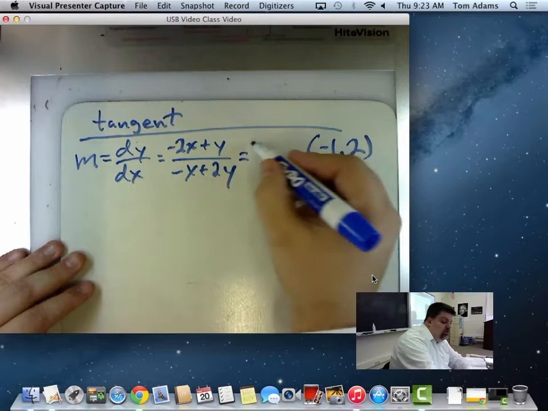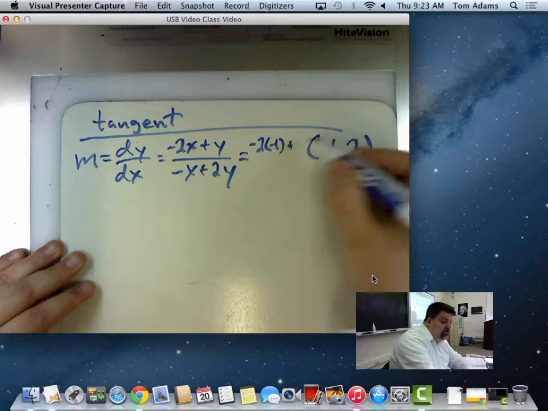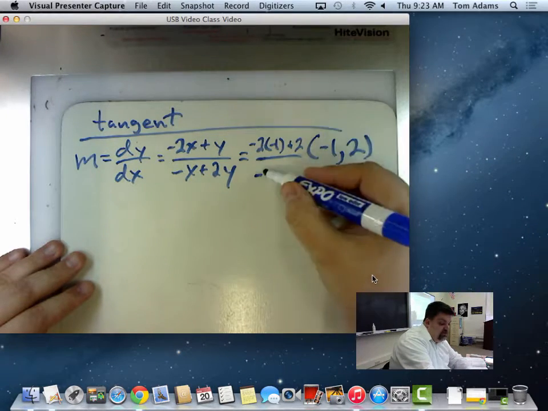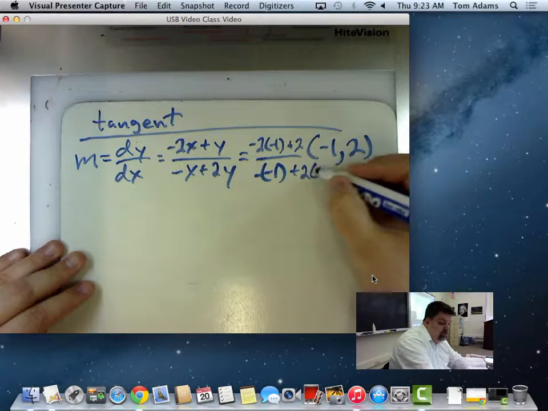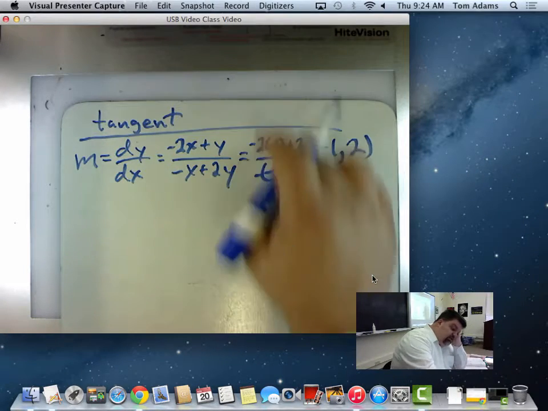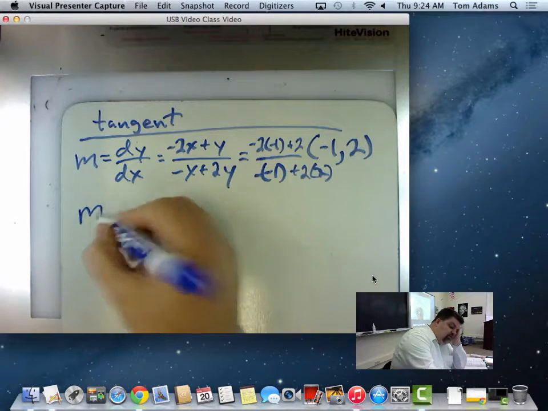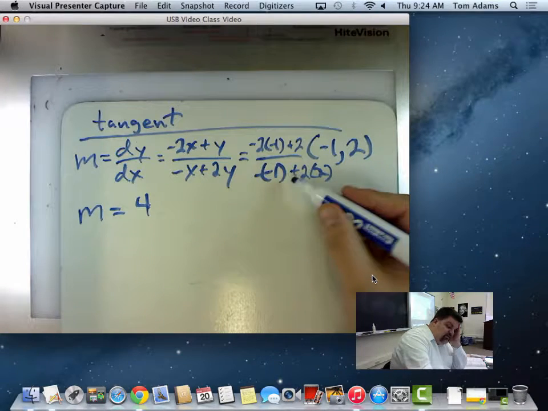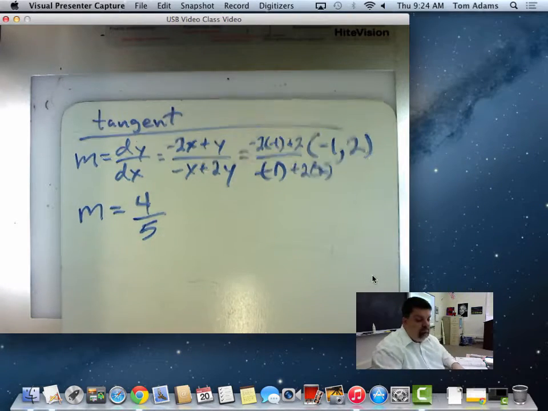What that really is, though, is -2 times x, which is -1, plus y, which is 2, all over -x, which is -1, plus 2y, which is 2 times 2. So when I do that, -2 times -1 is a positive 2, plus 2 is 4. And then on the bottom, I get -1 times -1 is +1 plus 4 is 5. So that's the slope.